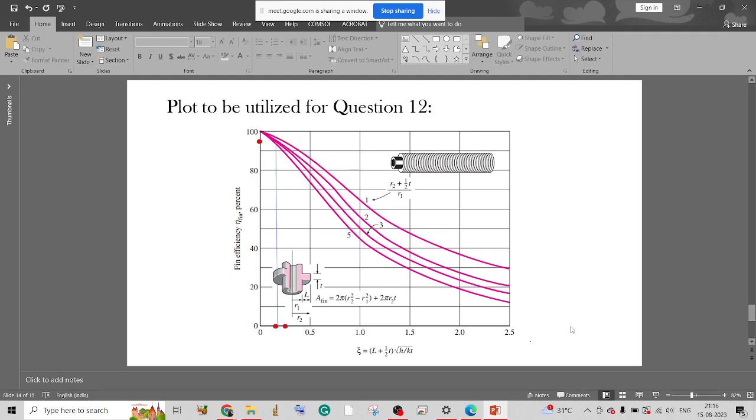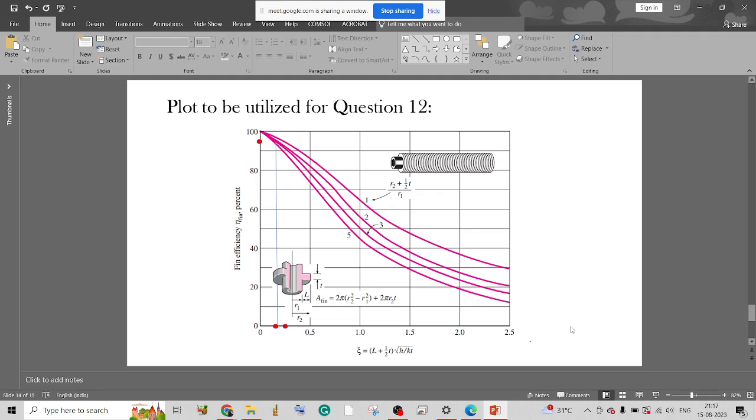This is Q fin, that is eta, the efficiency of the fin, into the maximum heat flux of the fin, right? Maximum is when we consider the whole surface of the fin is at the temperature of the base, that is the temperature of the pipe, and efficiency will give how much it is extracting as compared to the maximum, because obviously this area is not constant.